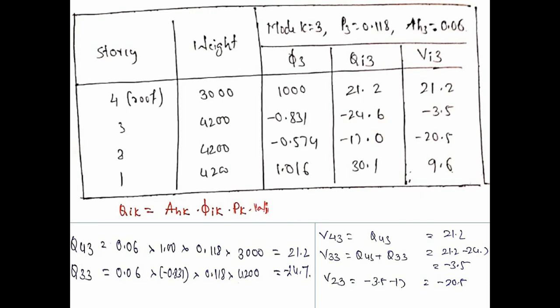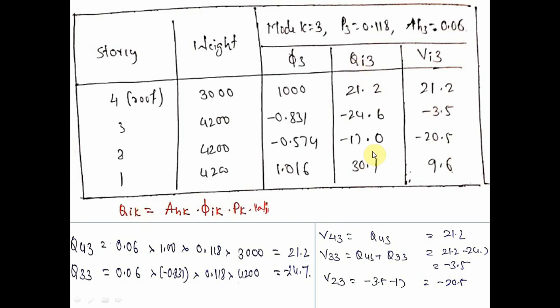Similarly, repeat the same procedure for mode 3: participation factor 3, horizontal acceleration coefficient 3. Those values I have indicated here. So these are typical calculations. Till here you just take the data from the problem. So Q3 you have to calculate using this equation.